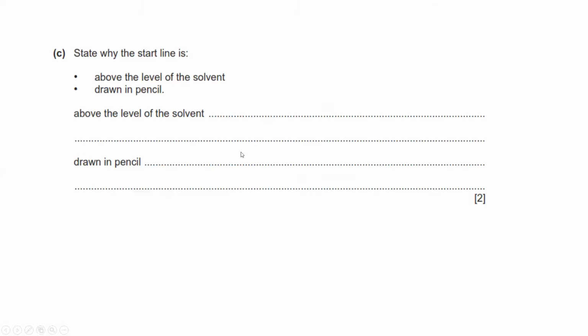So moving ahead, part C. It says, state why the straight line is, number one, above the level of the solvent, and number two, drawn with a pencil. So why is this above the level of the solvent?